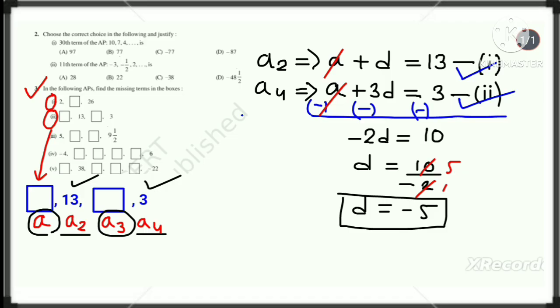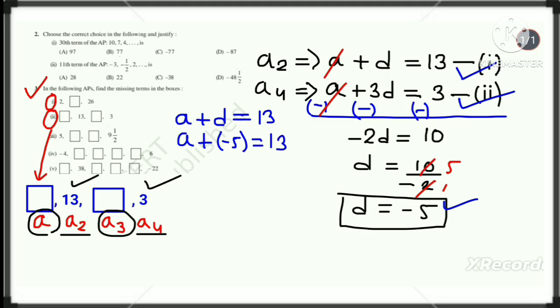And our first equation is, okay, let's solve over here. A plus D equal to 13. Again, A plus, okay, D equal to, we have just obtained over here minus 5 equal to 13.